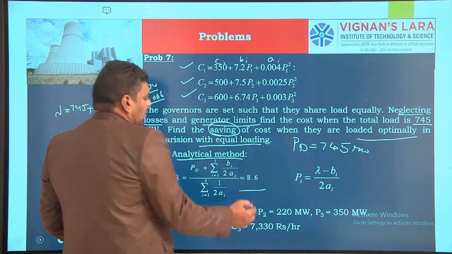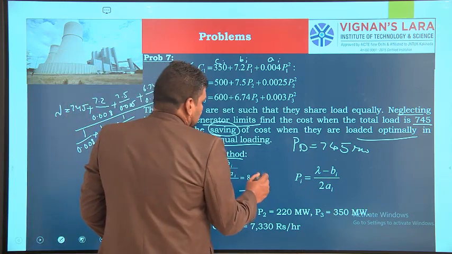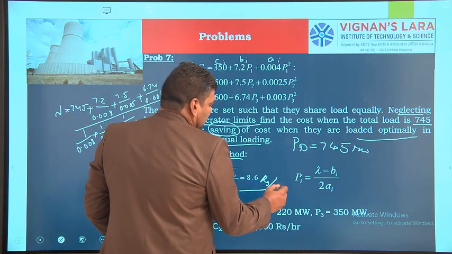Substituting, the value obtained for lambda is 8.6 rupees per megawatt hour.